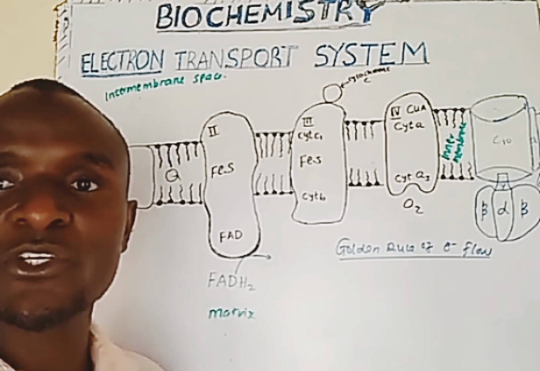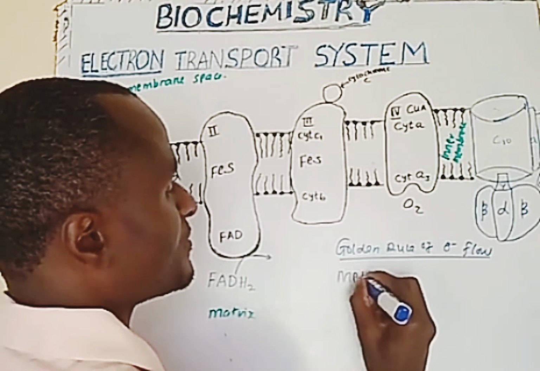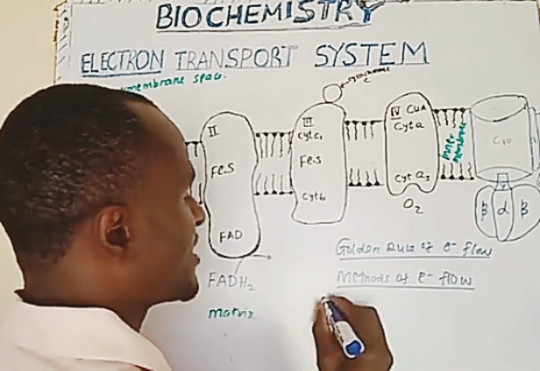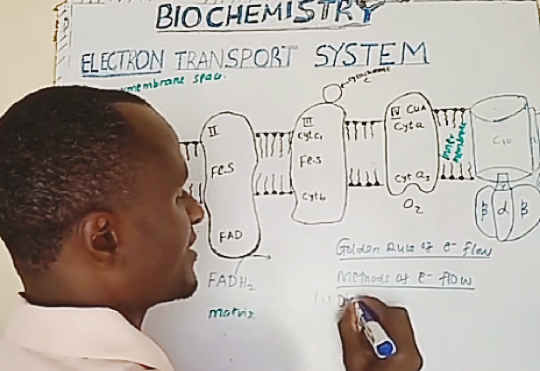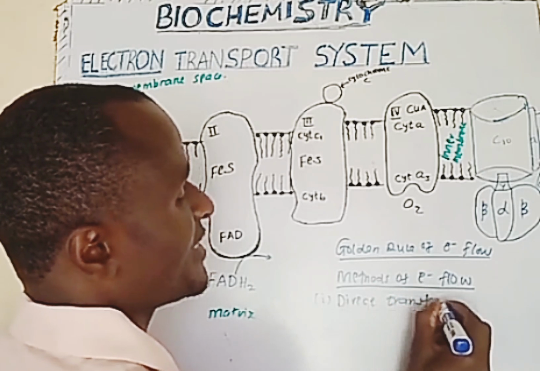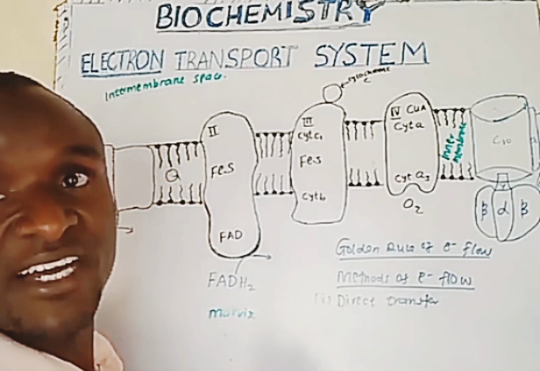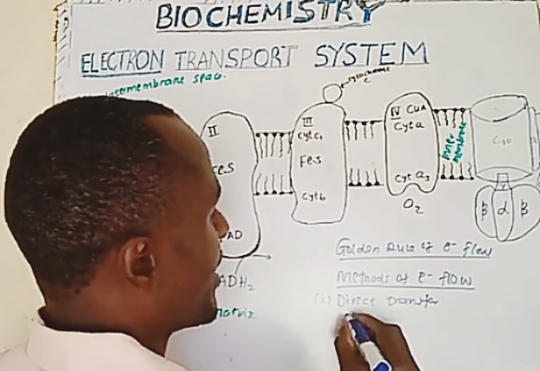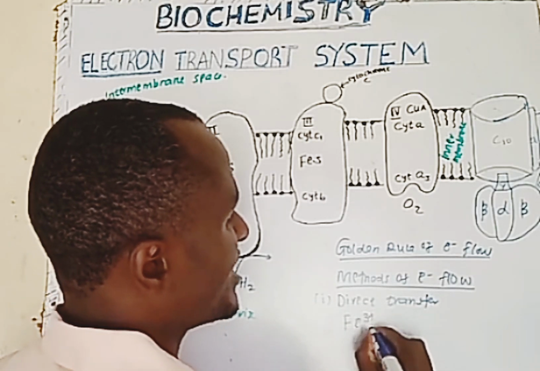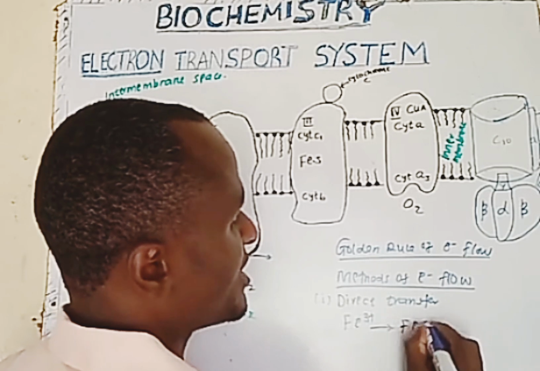Something else for you to note is the methods of electron flow. So we have direct transfer. This is seen in iron sulfur centers, where we have iron 3 ion species getting reduced to iron 2 ion species.